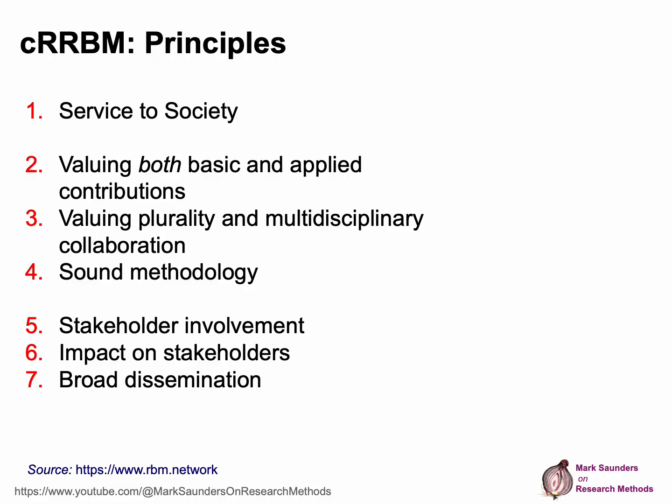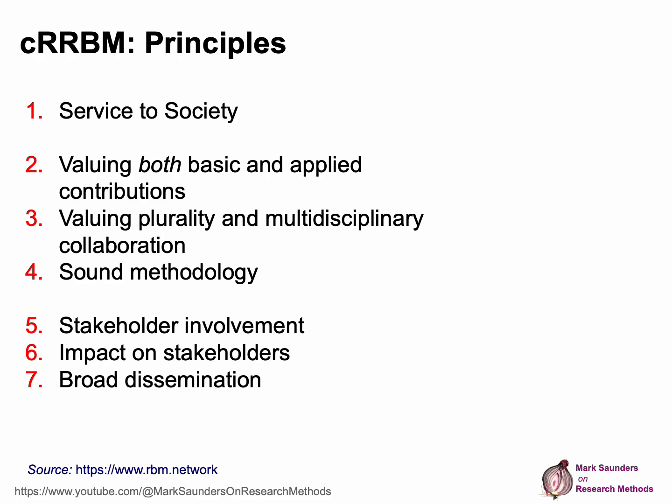Within this research, the principles suggest there should be stakeholder involvement. And we've already talked about stakeholders in organisations, the employers, trades unions, government, and so it goes on, the society that the organisations are serving, either with product or with services. And they talk about the importance of considering the impact on stakeholders and disseminating the findings of research widely.